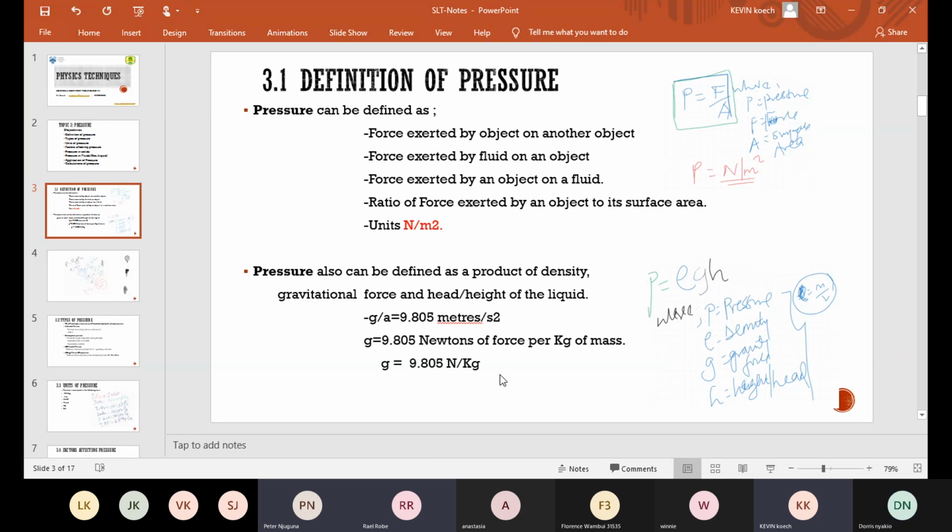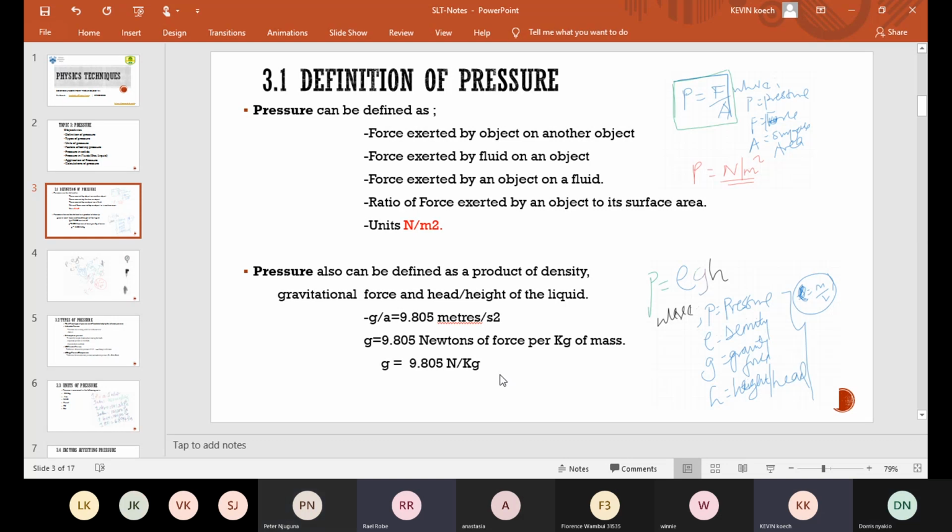So 9.8 newtons per kg of mass. That is the definition of G. If you round off, mostly we use 10 newtons. 1 kg equals 10 newtons when you are converting.